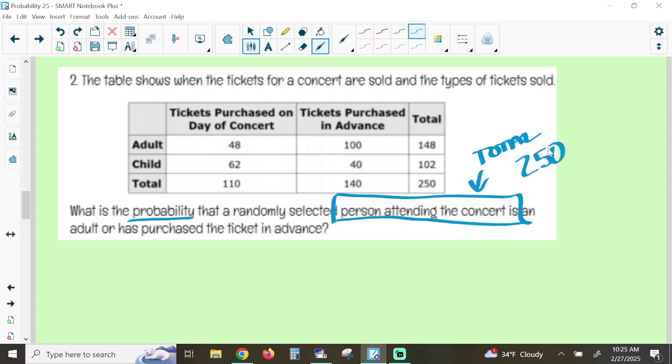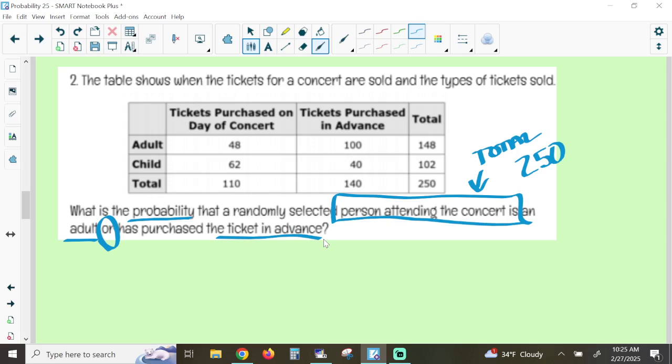Okay, so randomly selecting a person attending the concert who is an adult or has purchased the ticket in advance. Adult, magic word, or, purchased in advance. So that means, what does or mean? I like it both ways. I like it being an adult, and I like it doing them in advance. Okay, so in this table, who do I like?